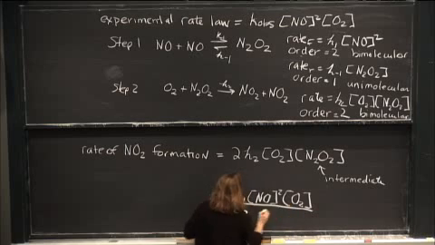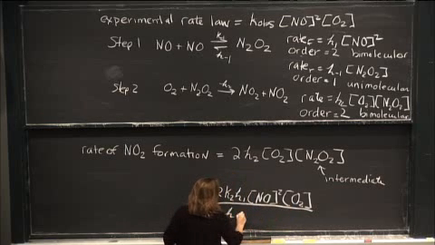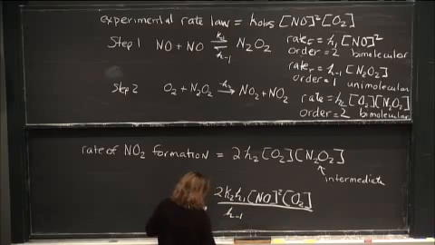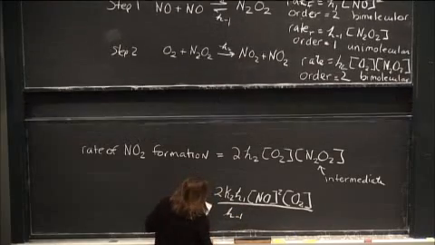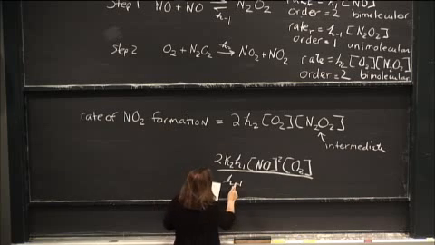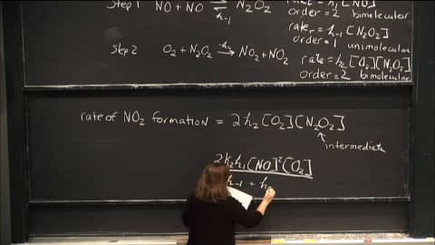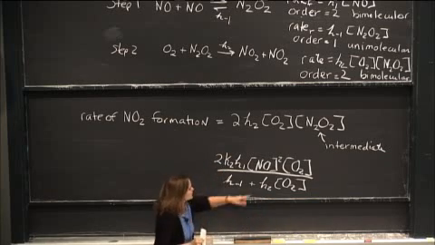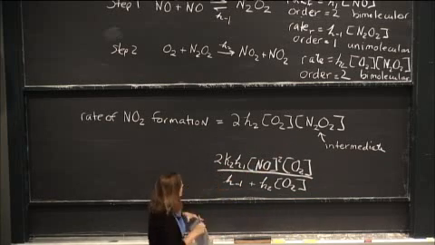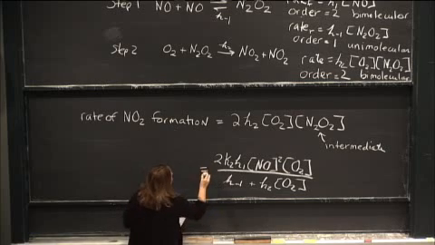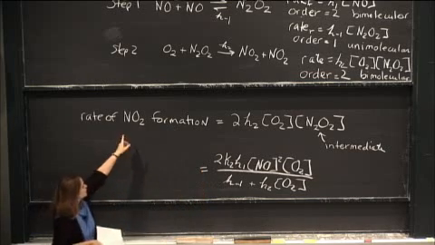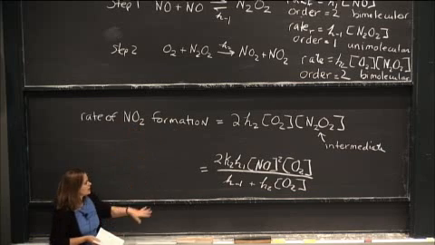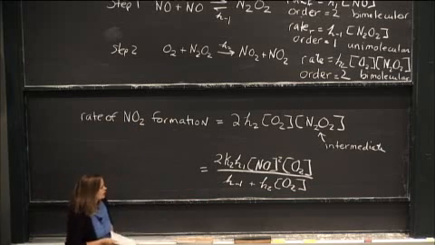And this is all going to be over k minus 1 plus k2 times our concentration of O2. So we've just substituted that term in here, and now we have a new expression for the rate of our product formation, and that's lovely.